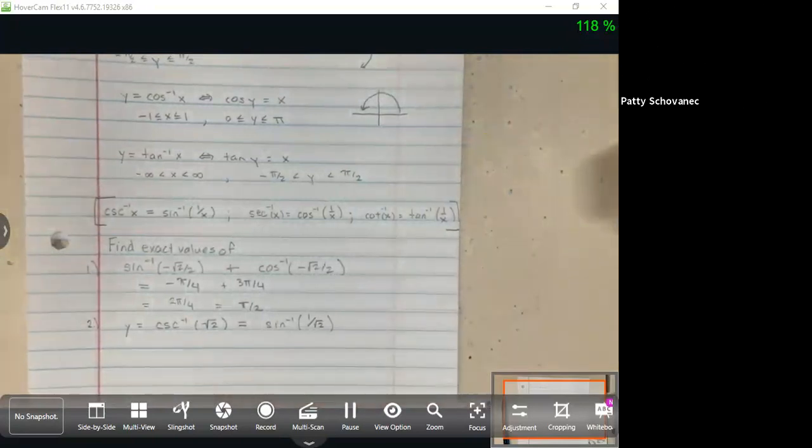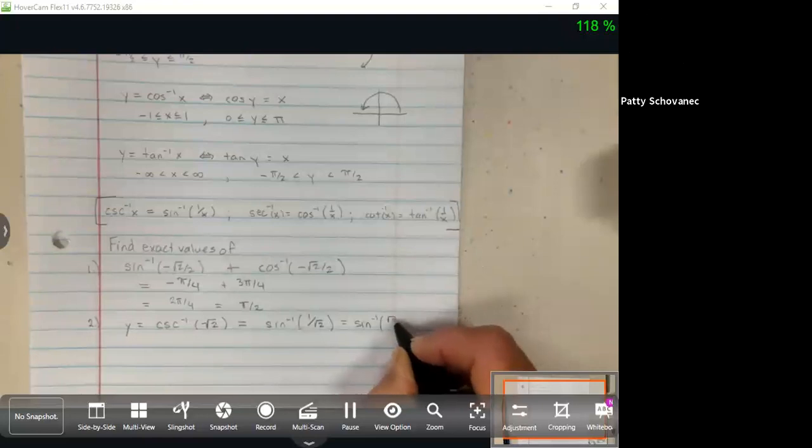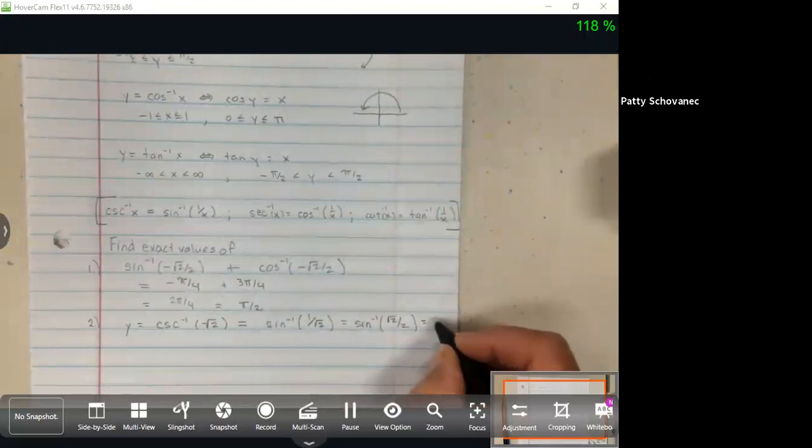And then I hope you recognize that 1 over square root of 2 is the same as square root of 2 over 2. So we're back at that 45-degree angle. This time we're in quadrant 1. So in radians, our angle is pi over 4.